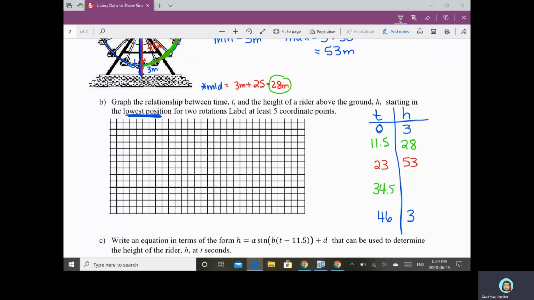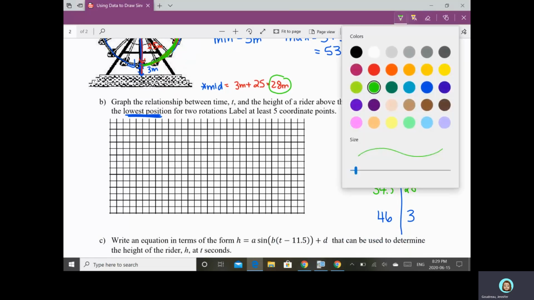Another 11.5 is 34.5. Another 11.5 gives us 46. Okay, and that will always work with sinusoidal functions. There's always going to be an even distance between your minimum and your midline, and your maximum and your midline, and your minimum. The height here will be at the midline, which is 28. So we've got our table of values.